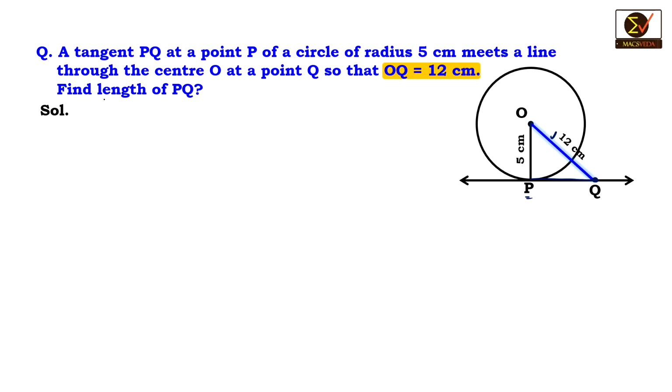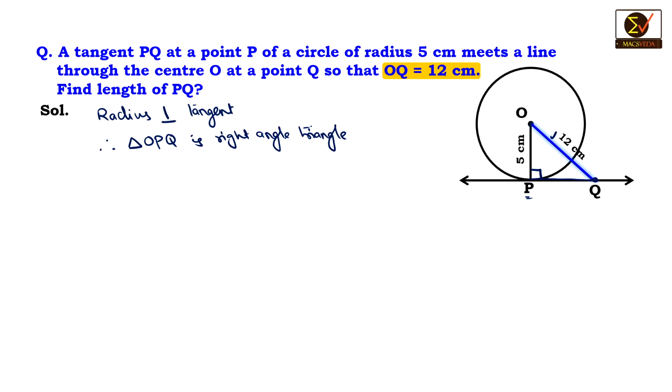First thing we know is radius is perpendicular to tangent. That means this angle is 90 degrees. Therefore, triangle OPQ is a right angle triangle. In the right angle triangle, two sides are given. We just need to find the third side, so we use Pythagoras theorem.